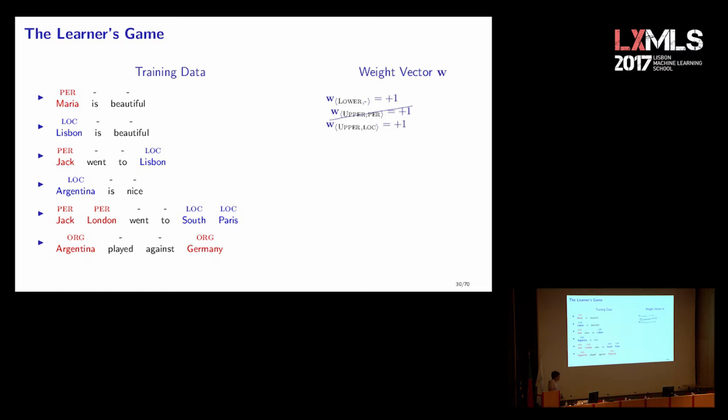But if you use those things, you use the best one. So if something is uppercase, what's the most likely class? It's not person in this example, of course, it's location. So let's use simple features, but let's use them more cleverly. We get a slightly better score with this.